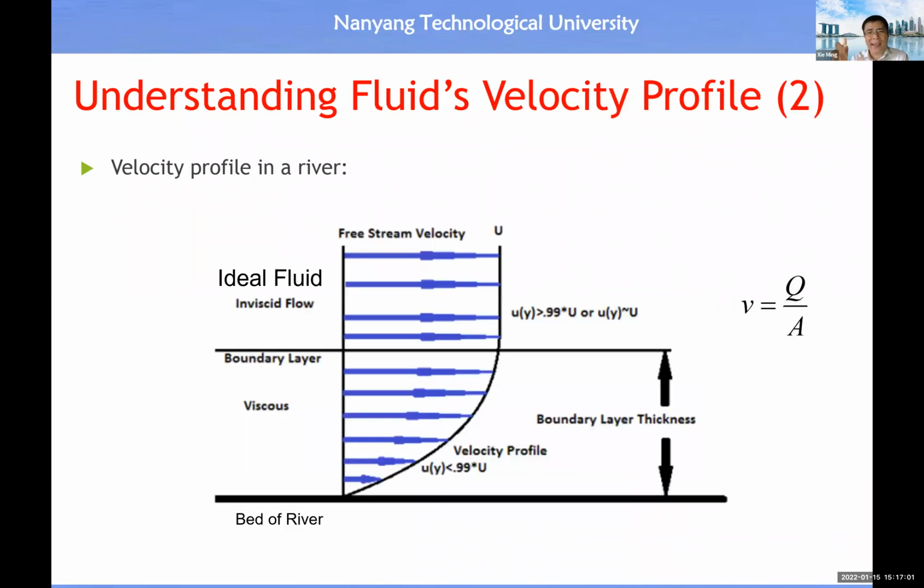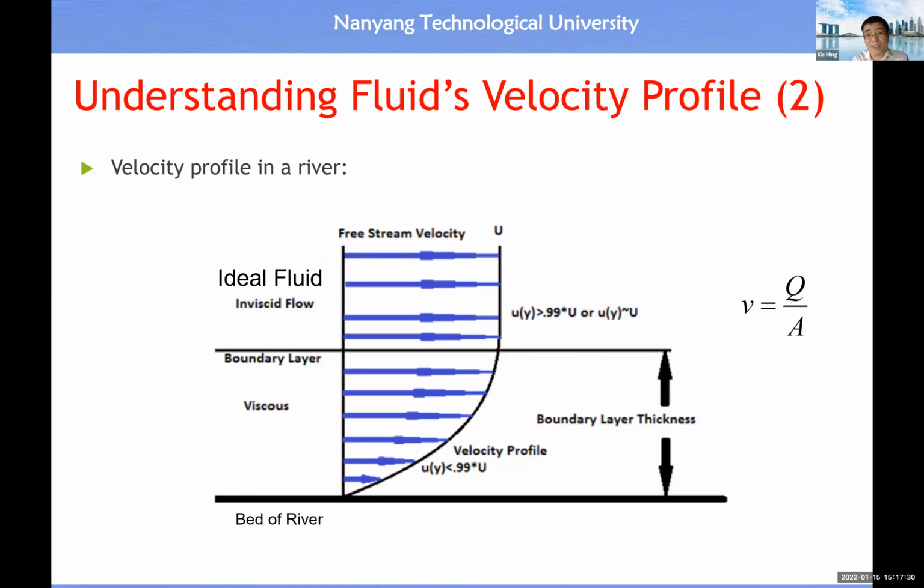And how about the velocity profile in open water, let's say open sea water or open river water? There is only visco friction between the water and the riverbed or seabed, because on top the interface is air, and air will not produce too much visco friction on the water surface.